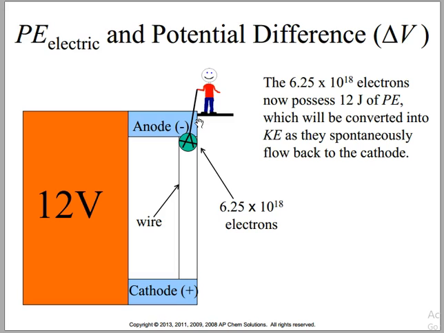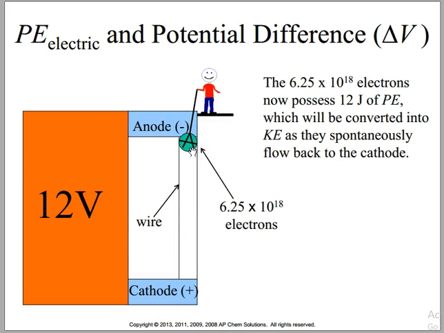So now, at the cathode, the electrons possess less potential energy than they do at the anode, as the electrons spontaneously flow from here to here. So if we look at this system in terms of building potential energy, we could imagine a little man pulling the electrons from the cathode to the anode.